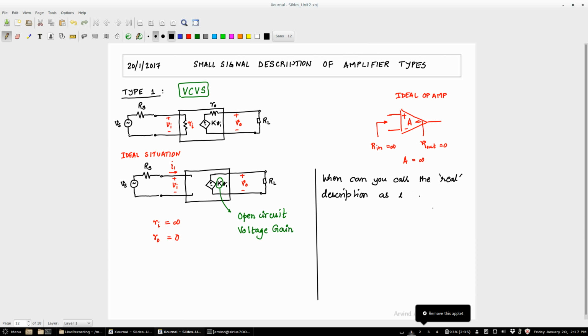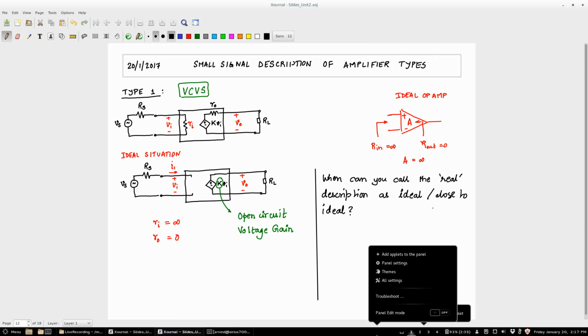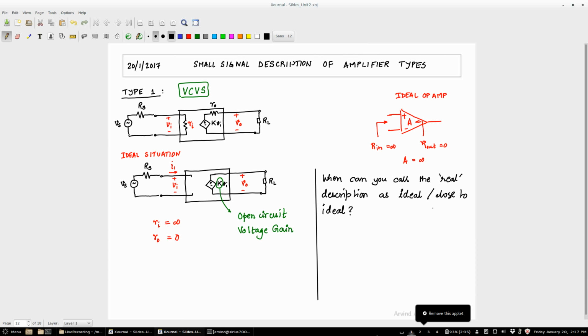So the question is, can you call the real description as ideal or close to ideal? Right?